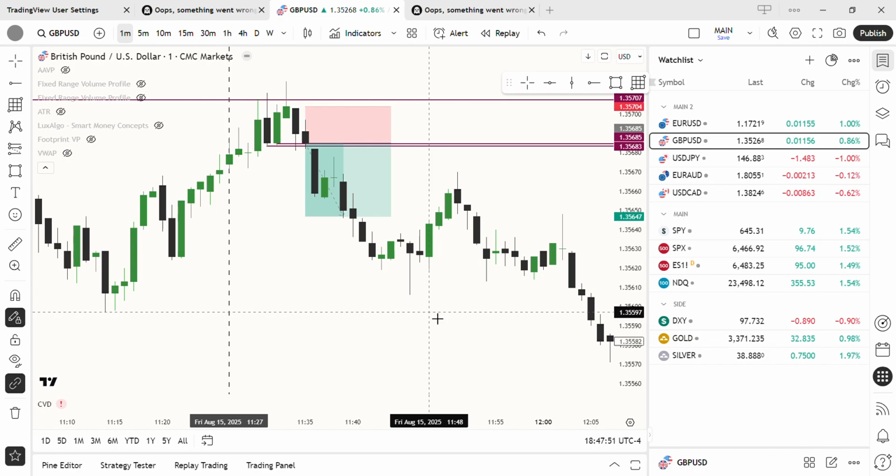Class B setup. We break a structure, we come in, we touch the order block, and then what happens? That's it. We might fill equilibrium and we might do fair value gap, but not both, because then it would be Class A. This is just coming off the top of my head too, just ideas. Class C setup.